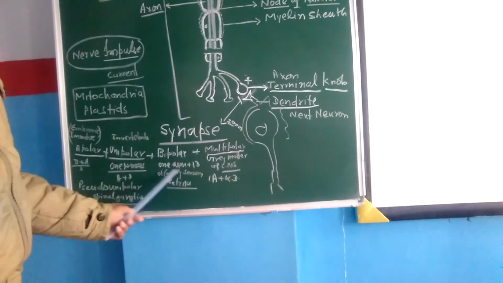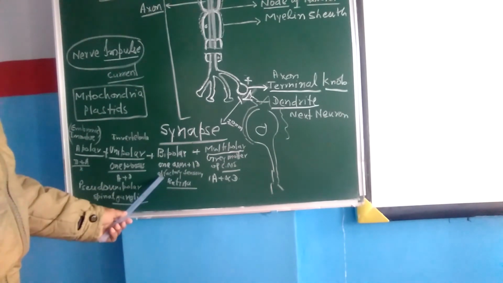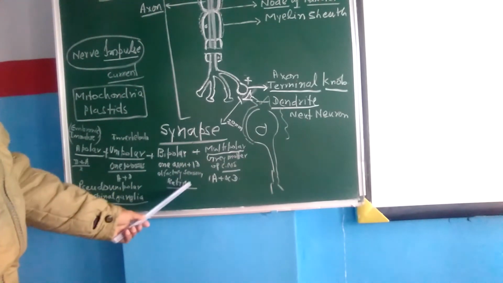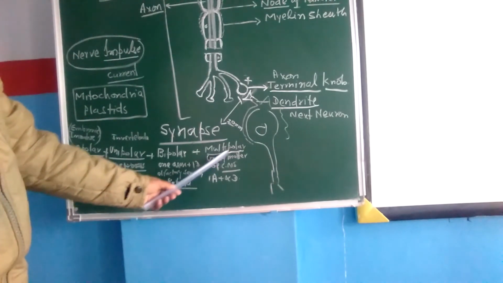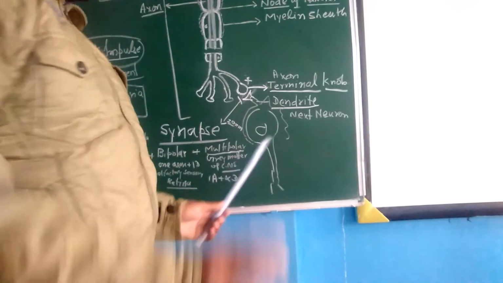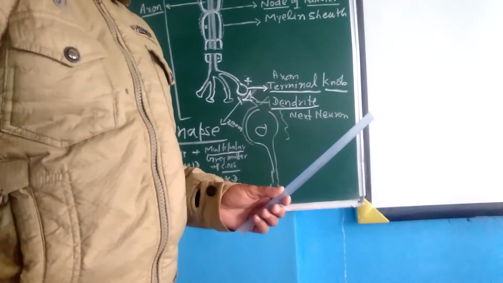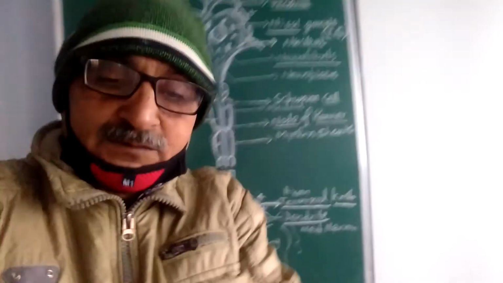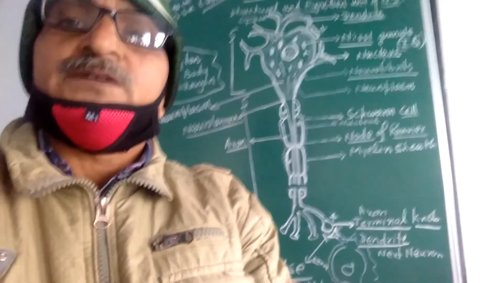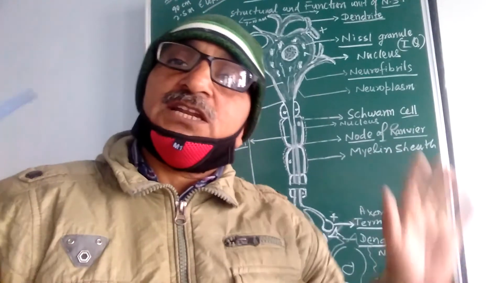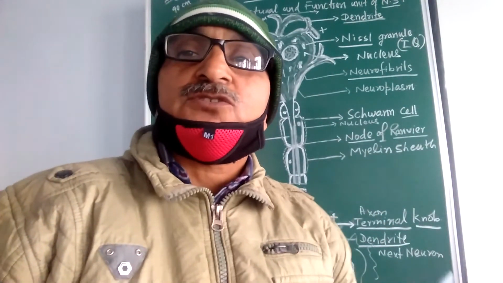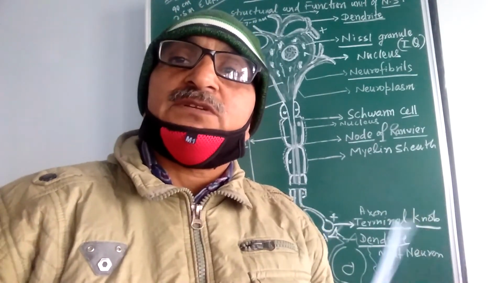So in bipolar, one axon plus one dendron is present in the olfactory, sensory or retina region, while multipolar neurons are present in the gray part of your brain, the nervous system made up of gray matter. So that generally contains this type of neurons. So what we have seen here is that different types of neurons develop in our body. In this way you can draw the diagram and write it.